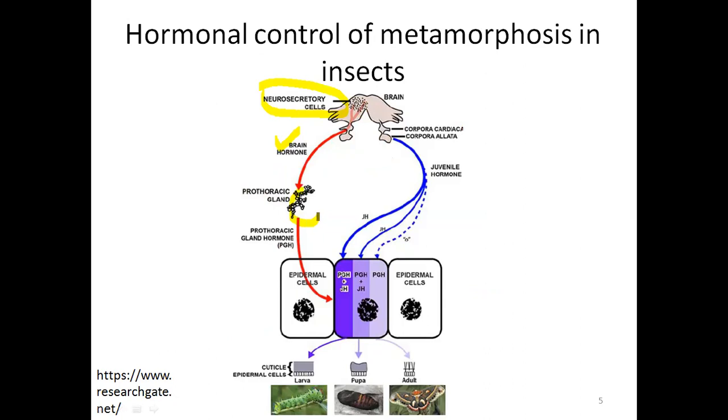This acts on the prothoracic gland, and the prothoracic gland produces ecdysone or ecdysteroid, and this acts on different cells of the larva, promoting their growth to result in an adult. Now, at the same time, the juvenile hormone that is produced by the corpora allata tends to maintain the larval characters.